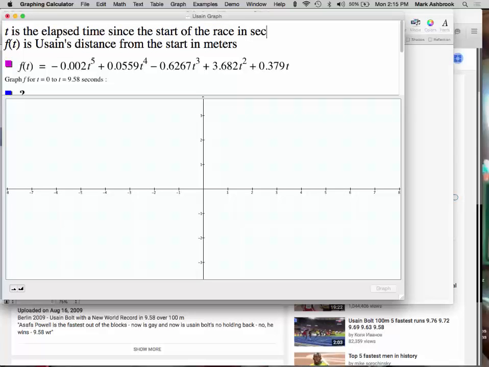And then the output, or the dependent variable, is his distance from the start in meters. This polynomial models that, okay?